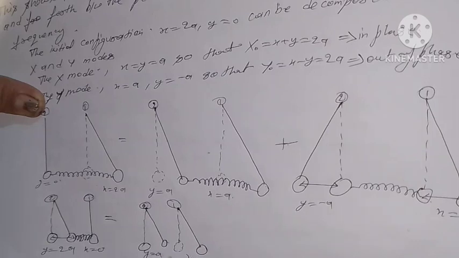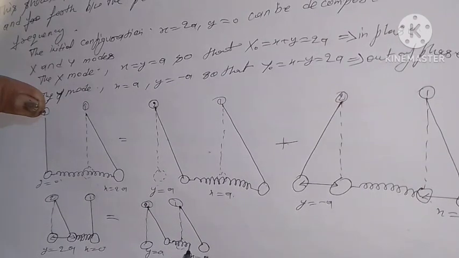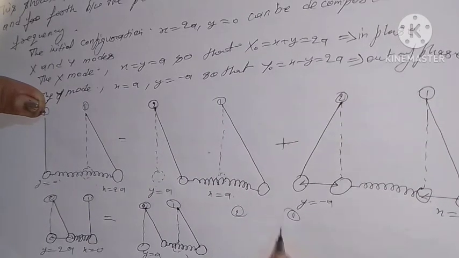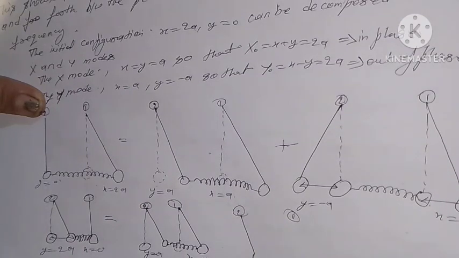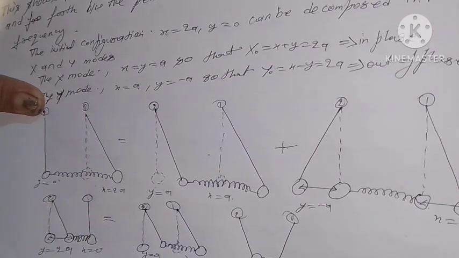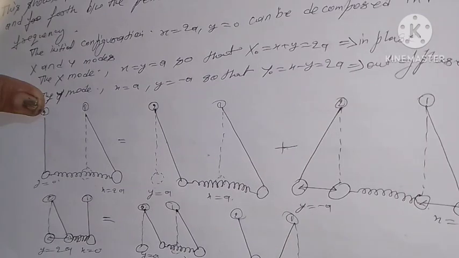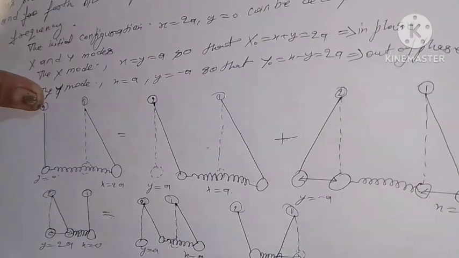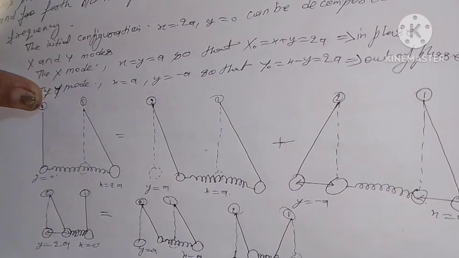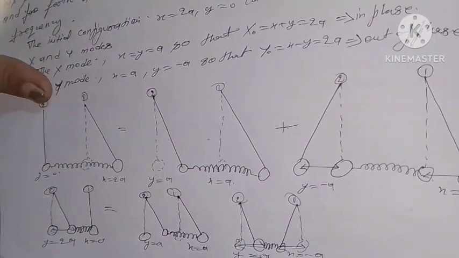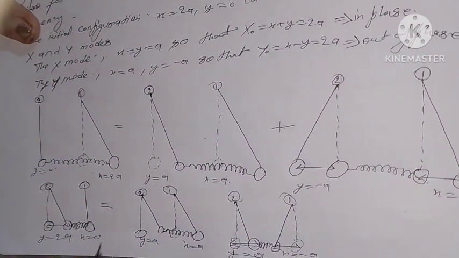X equal to A. Okay, and second position, first position, and this is the normal position, and in this X equal to minus A, and this is the normal position, and Y equal to A. Okay, then Y equal to 2A as shown in the lower figure.